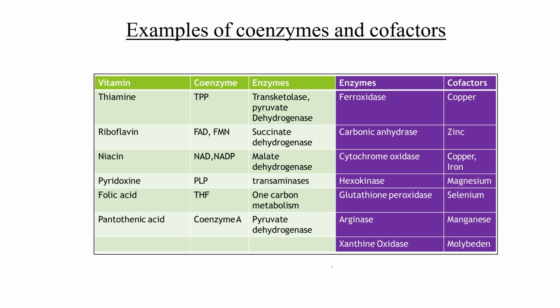Now these are certain examples of coenzymes and cofactors, like different kinds of vitamins, the vitamin B complex, B1, B2, B12, which act as coenzymes, like thiamine, riboflavin, niacin, pyridoxine, folic acid, and their parts like TPP, FAD, FMN, NAD, NADP, coenzyme A. So these are parts of these vitamins, right?